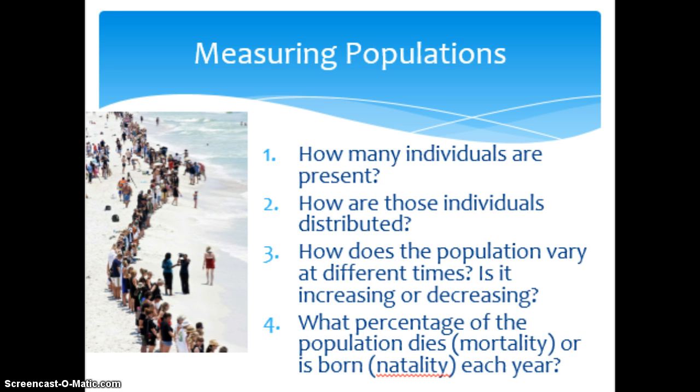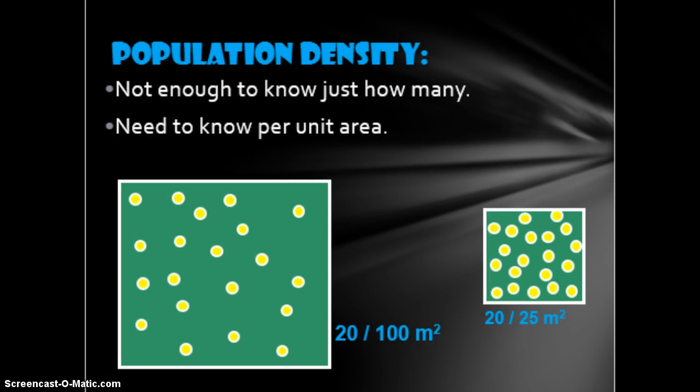So when we look at a population, we want to find out some things about it. Usually, when population ecologists look at this, first of all, they want to know, okay, how many individuals do we have in this population? But also, how are those individuals distributed? So it's important to look at how spread out they are. And that's something called population density.